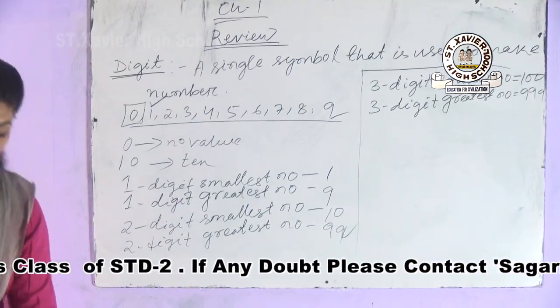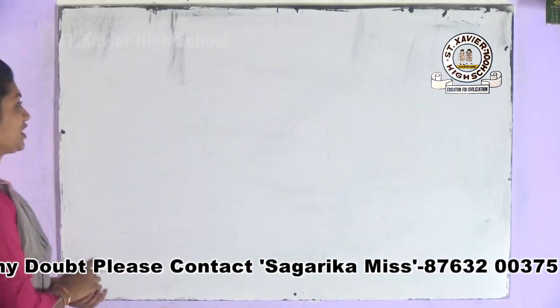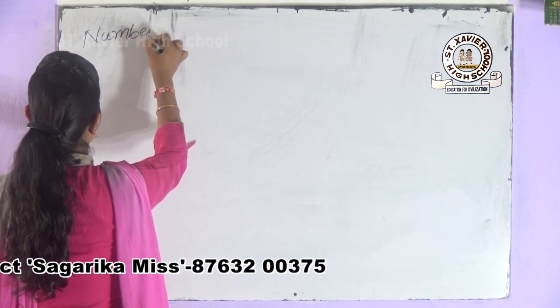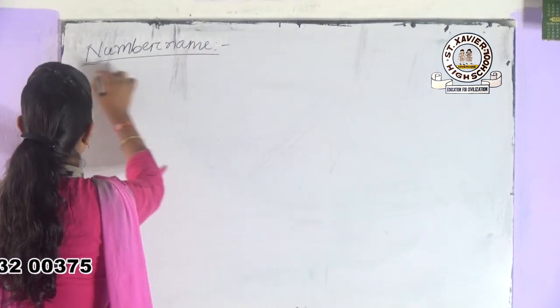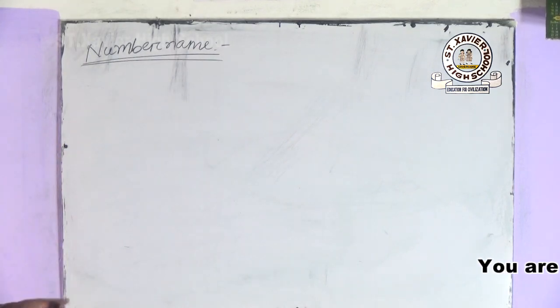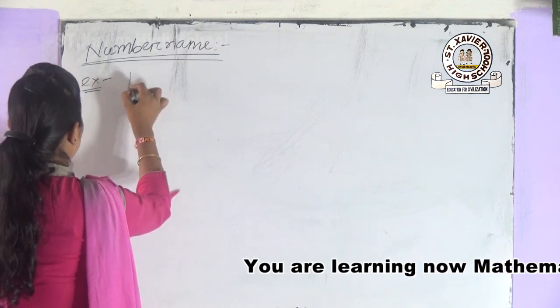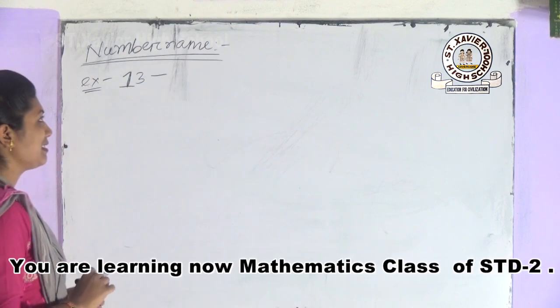Okay. Then I will go to number name. Then next comes the point, number name. How you read the number, that is the number name of that number. Just write down 13, 1, 3, 13. How do you read 1, 3? That is thirteen.